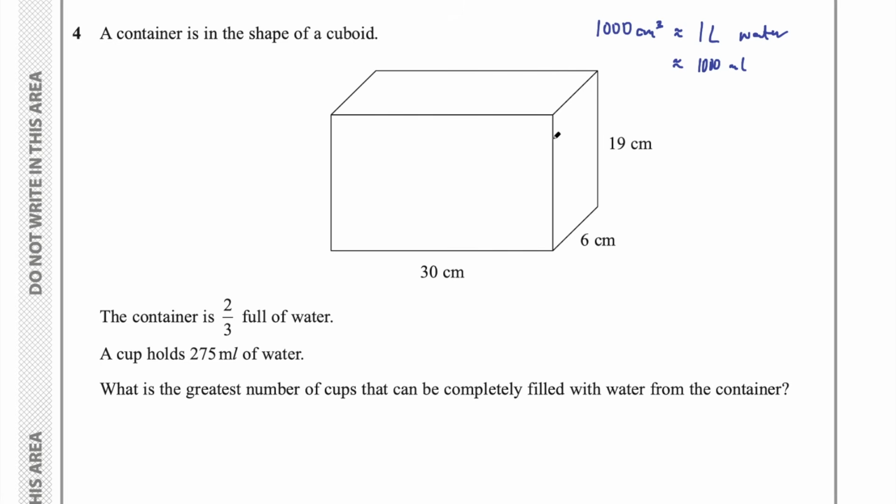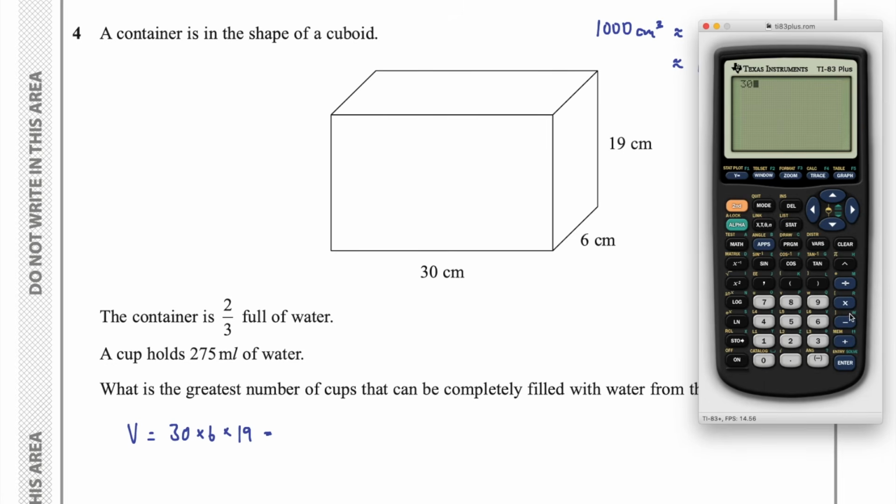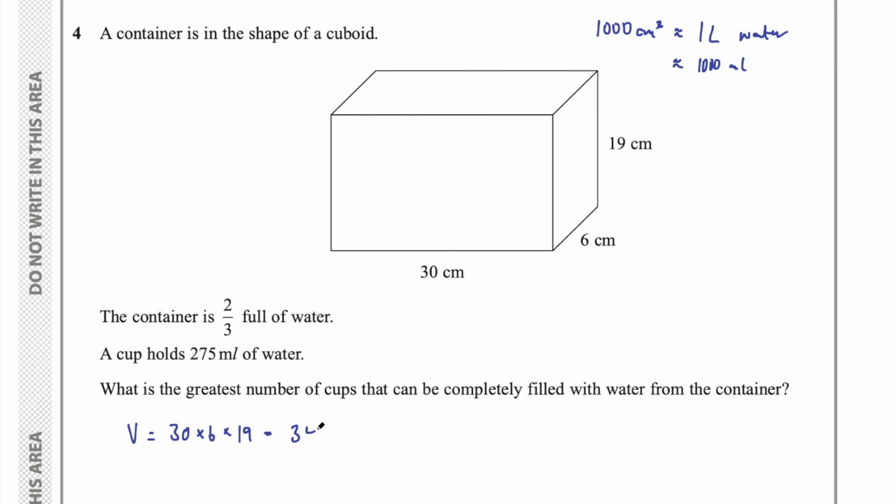So the first step is we're going to find the total volume of the cuboid. So the volume is the length times the width times the height. So 30 times 6 times 19 to get the total volume. And we can go ahead and use a calculator for that. So 30 multiplied by 6 multiplied by 19, and I get 3,420 centimeters cubed.